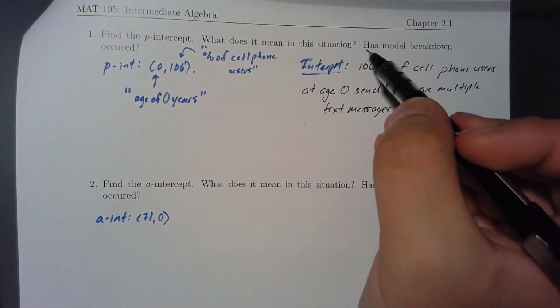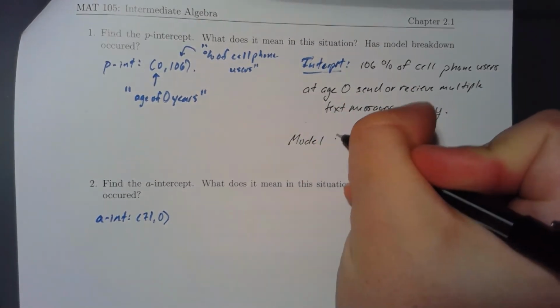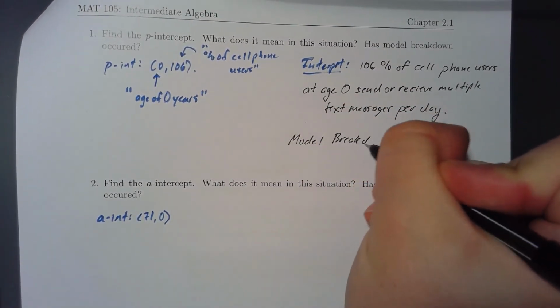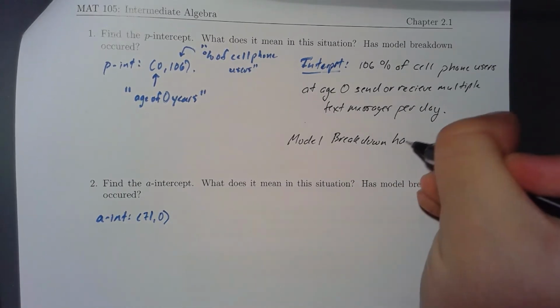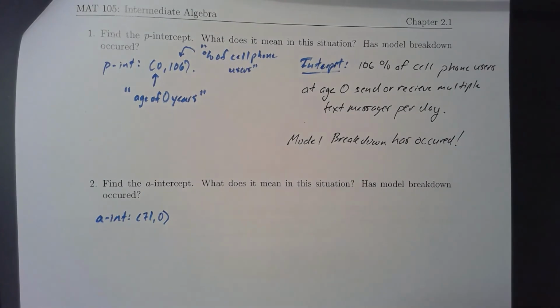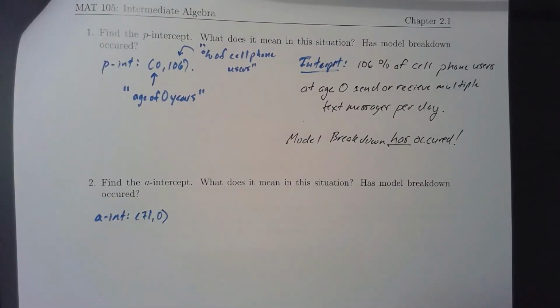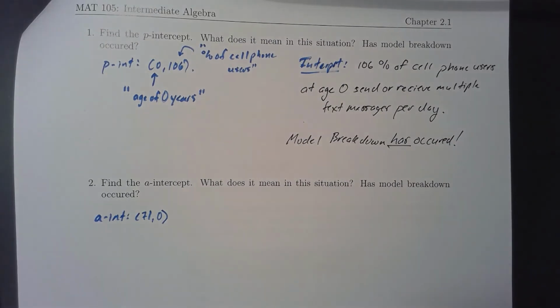So that's an example of model breakdown. Babies can't send text messages. Okay, let's go to the next one.